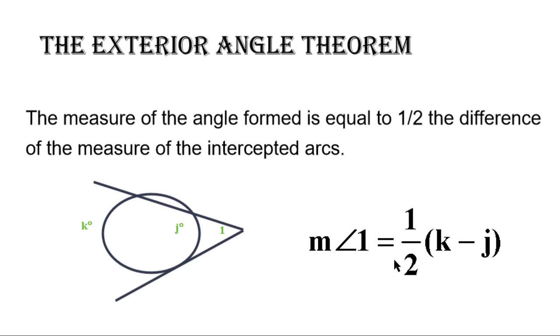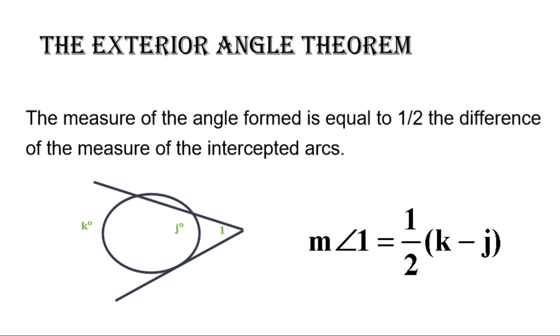This is our formula. To solve for the measurement of angle 1, we get the half of the difference of the two intercepted arcs. We have here the first arc and then the second arc.